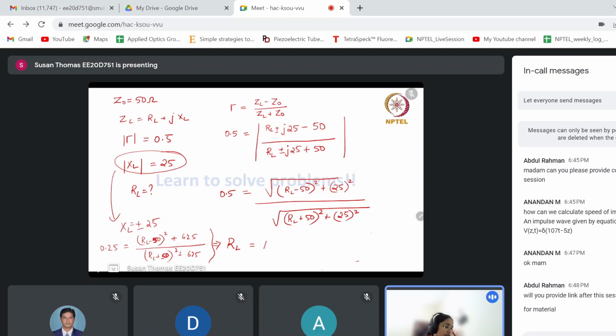I'll give you the final answers, and you can verify them: 145.13 and 21.53. So basically the load could be RL plus jXL, and there are two possible options for RL. I hope this is clear. If there are any doubts, you can ask.